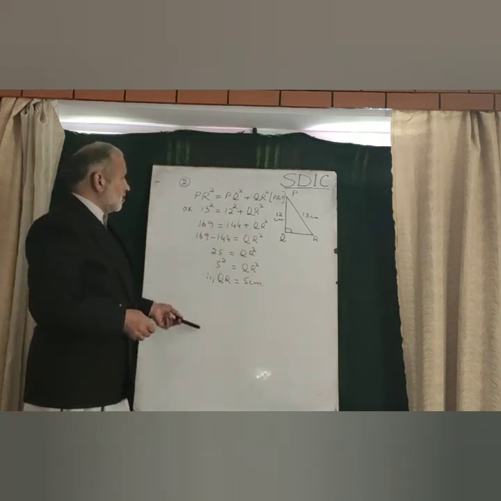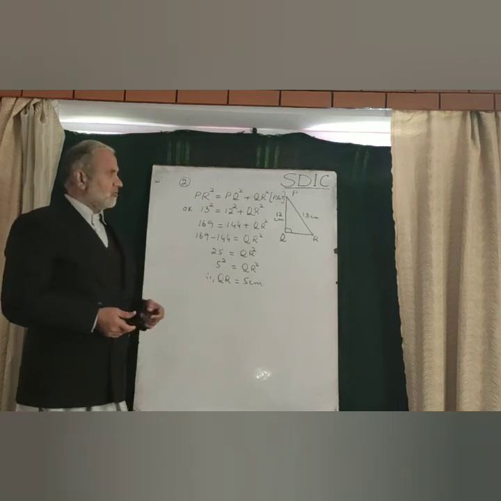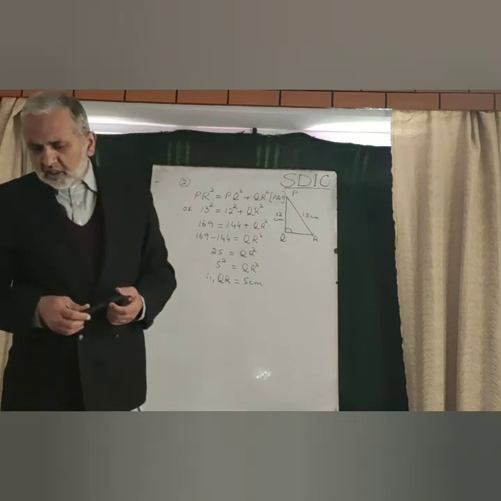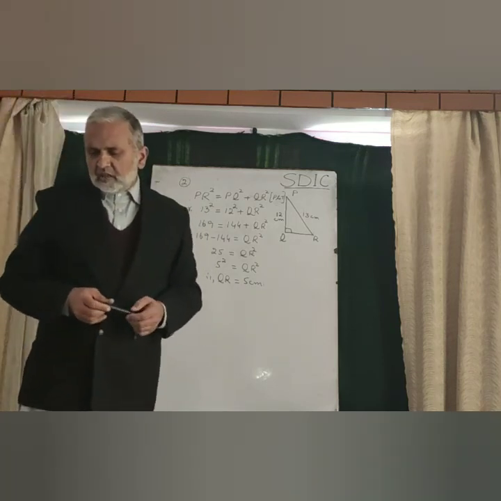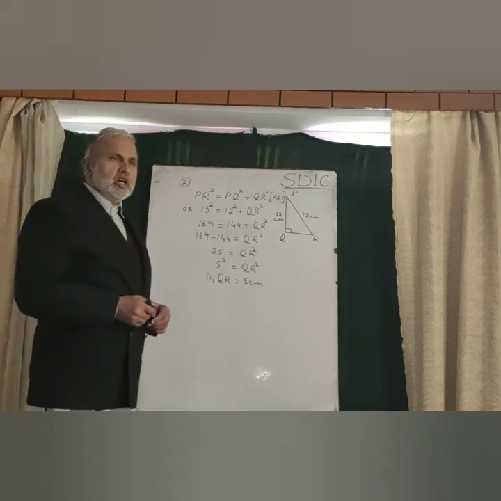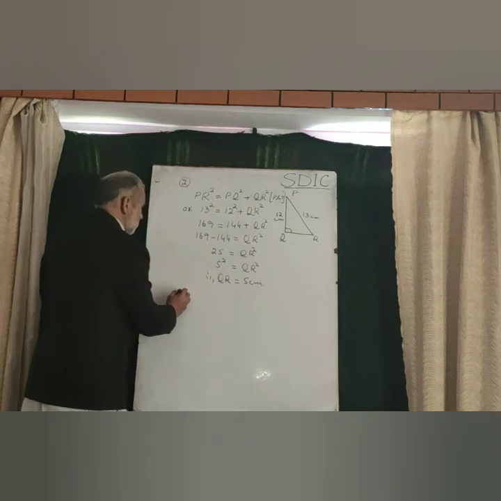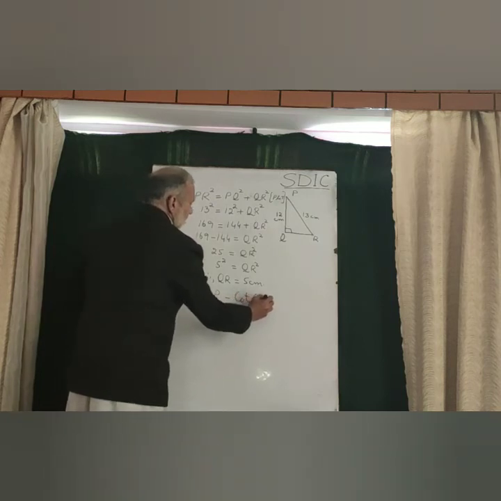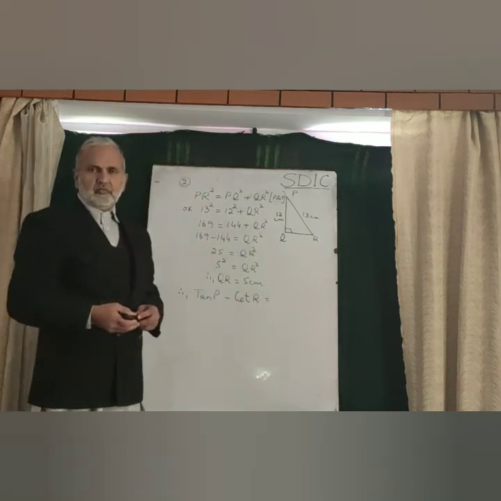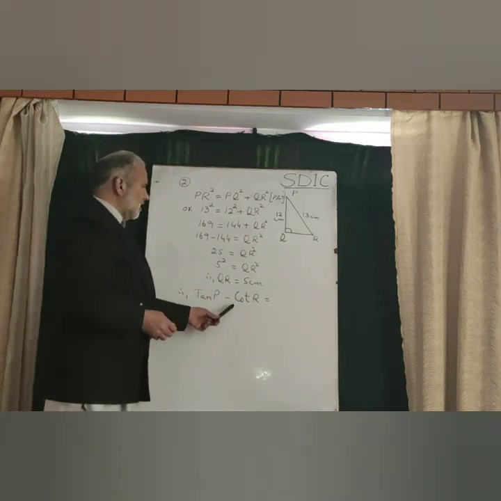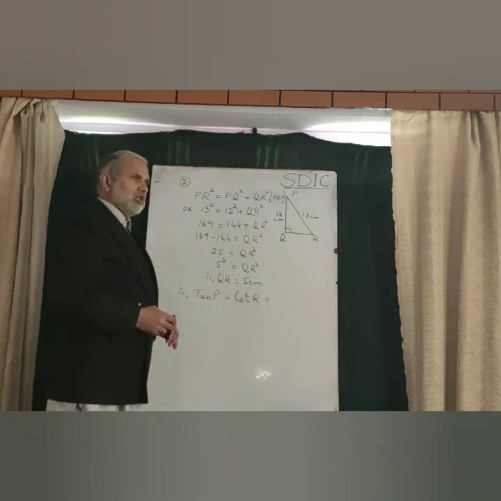Same procedure, we did same thing in the previous question also. Third side we found by applying Pythagoras theorem. And then using these three sides, we will now find, as per the statement, tan P minus cot R. Therefore, tan P minus cot R is equal to, to find this, we'll use the definitions of tan and cot and then put their values.